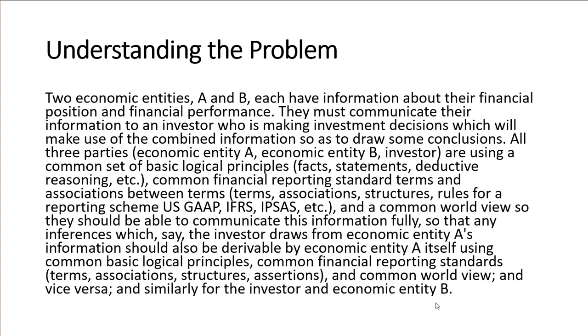Fundamentally, I'm not going to read this, but it's worth really reading and contemplating. If you think about it, a financial report is information that is created by a company. It's provided to an investor. There are multiple companies providing information, and the investor has to sort through all that information, which is about the financial position and financial performance of an economic entity, and then make some decisions.